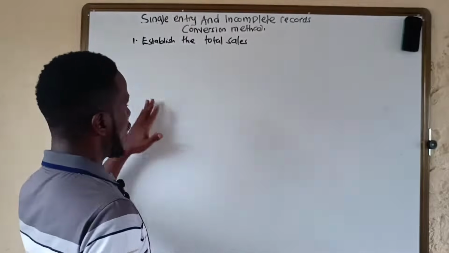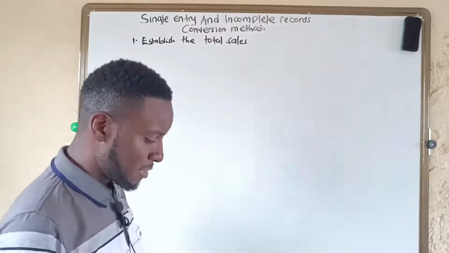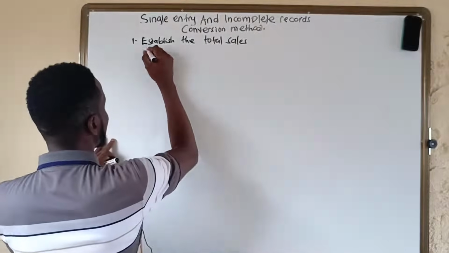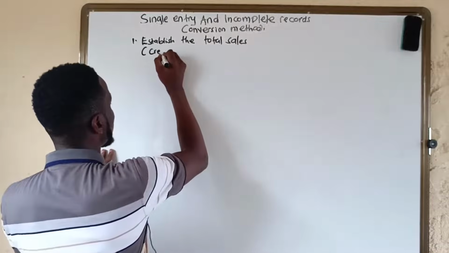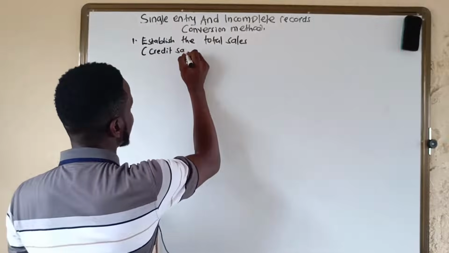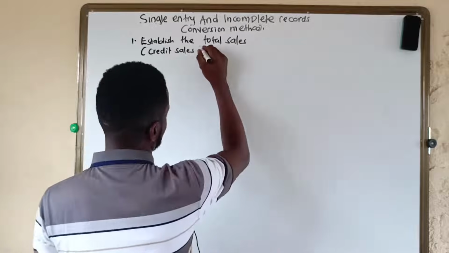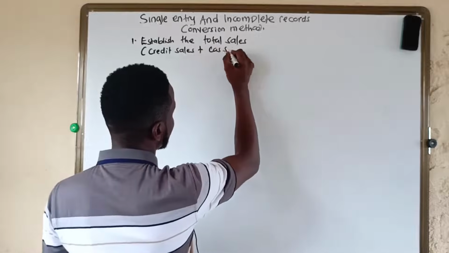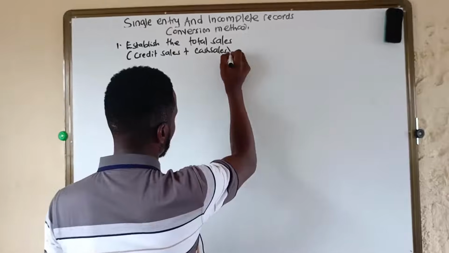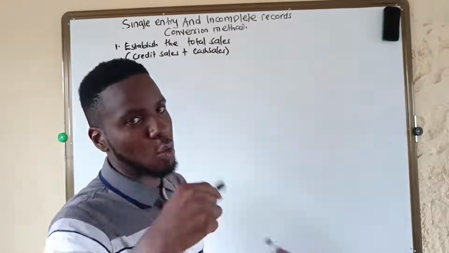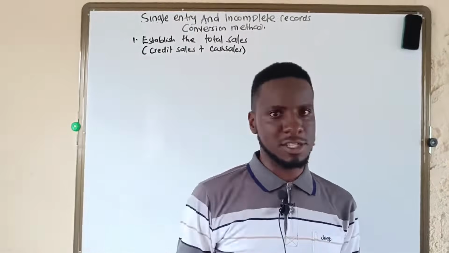So, when we establish the total sales, the total sales is a sum of credit sales and cash sales. So, the question is, how are you going to establish this?